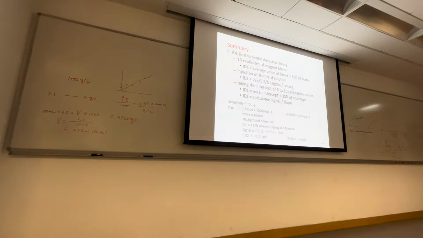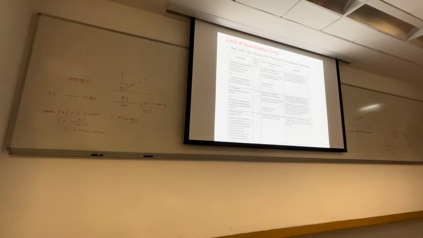Then we will go to some examples, how to calculate IDL, MDL, and how to correct the blank. So maybe let's have the break first, and we will come back at 8:15.